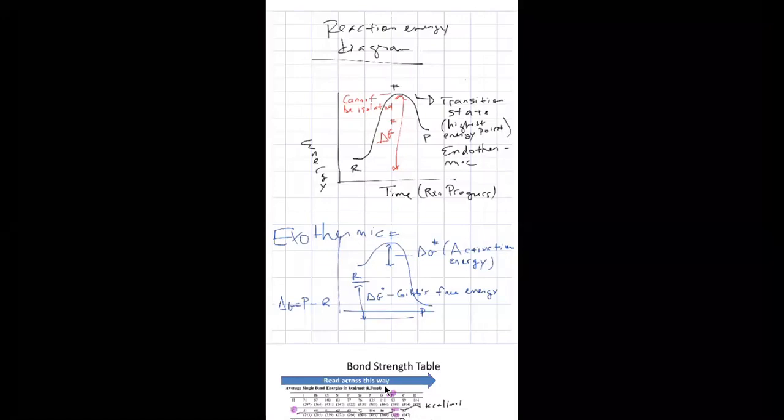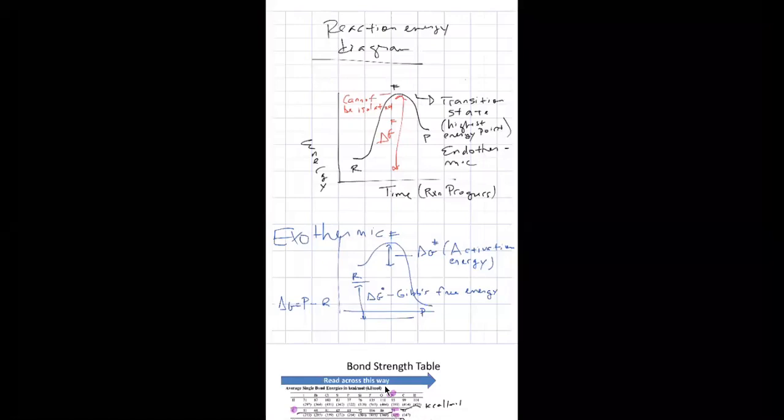If delta H is positive, then delta G is positive too. Yes. What that really means, if delta G is positive, is that the products are higher in energy than the reactants, because when you take the difference, you're going to get a positive number.